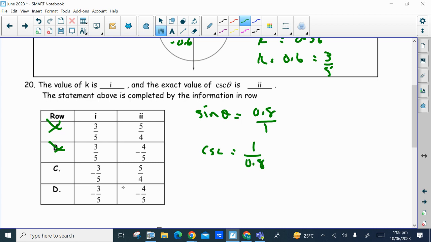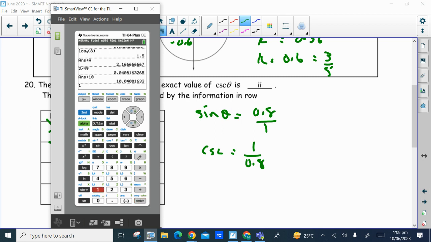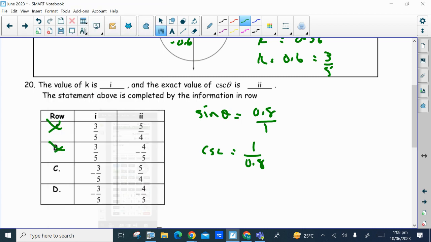Both answers that we have to choose from are fractions, but we can use our calculator to find out what 1 divided by 0.8 is. 1.25, which is 5/4. And it is positive because of what quadrant we're in. The opposite and the hypotenuse are both positive, so the ratio is positive.